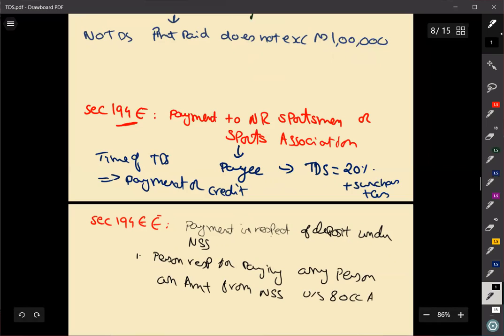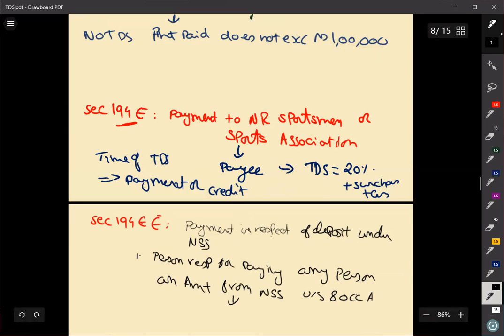There is something called 80CCA, under which you make some investment and can take the deduction. So from the National Savings Scheme, you are getting some money. Ultimately, this payee is the investor. He has invested some money in the National Savings Scheme, and this person is getting the money from it.